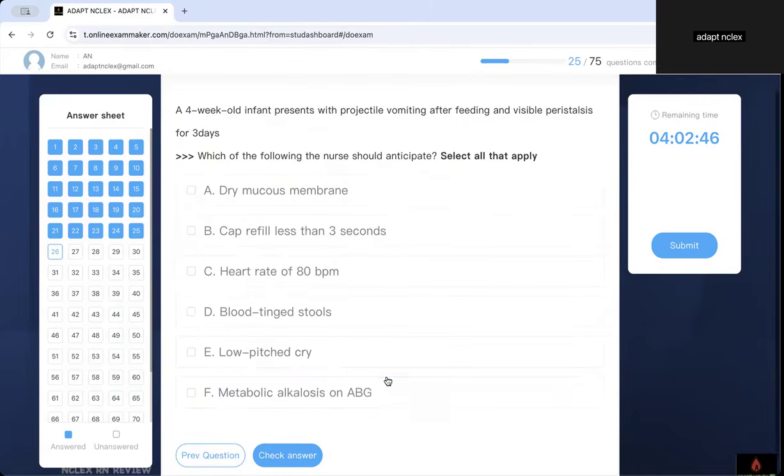A 4-week-old infant presents with projectile vomiting after feeding and visible peristalsis for 3 days. What do you think? 4-week-old, buzzword. Projectile vomiting should trigger something in your head. Which of the following should the nurse anticipate?